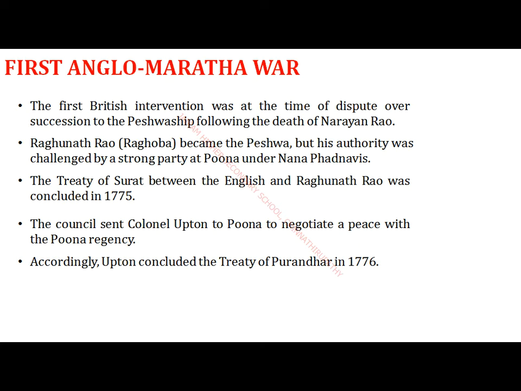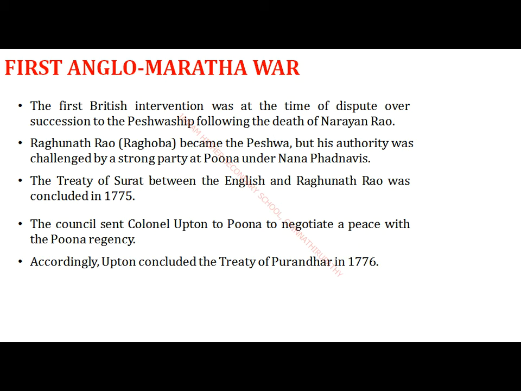See, after the death of Narayan Rao, Raghunath Rao became the Peshwa, but his authority was challenged by a strong party at Pune under Nana Padnavis, because the party recognized the infant born posthumously to Narayan Rao's wife.